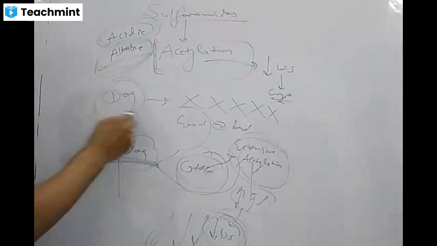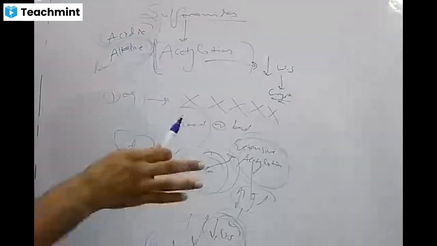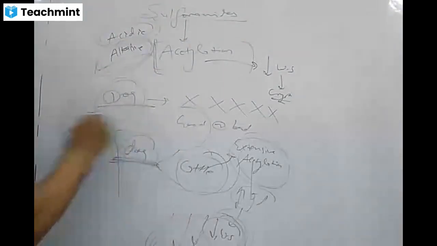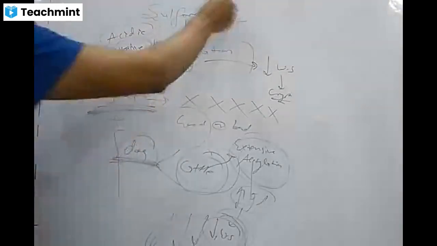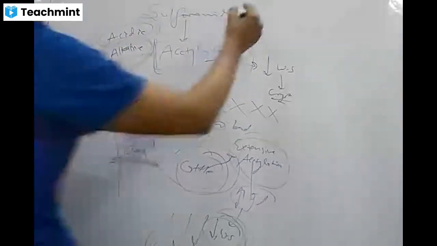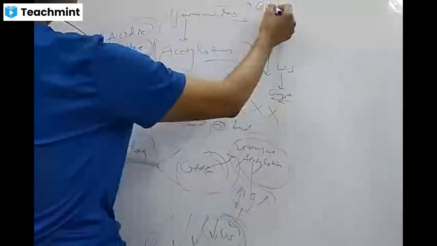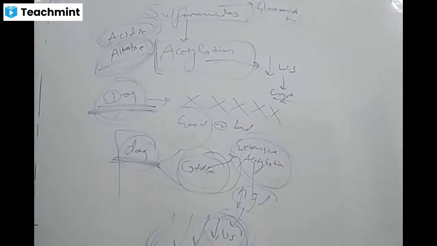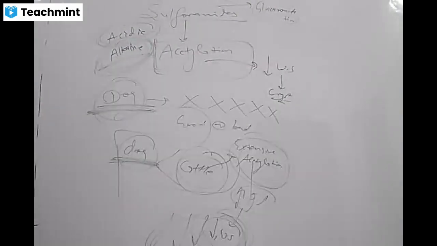But in case of dog, this is absent, no acetylation. So if acetylation is absent, then who will metabolize sulfonamide in dog? That is by glucuronidation. So in different species, the same drug will be metabolized by different pathways. Example is in front of you.